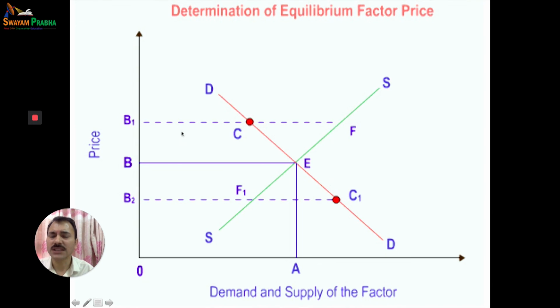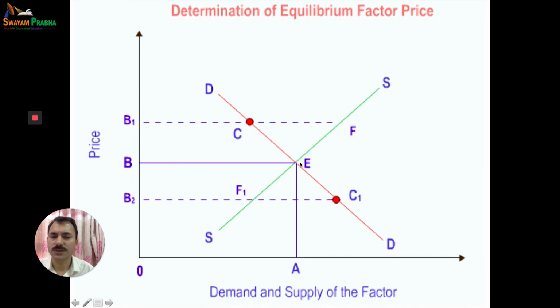If you increase the price of wages, there will be a reduction in demand, and market forces will reduce the price to increase the demand. But if there is a decrease in price, then supply will be reduced and there will be a shortage of supply. Here is excess supply, and to increase the supply, we have to increase the price. So this E will be the equilibrium point.